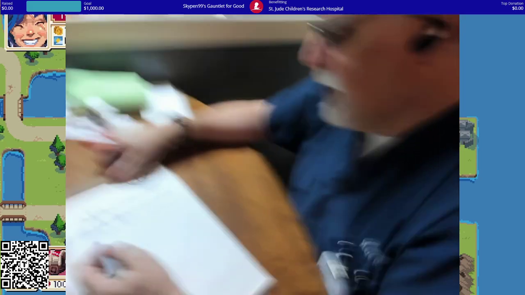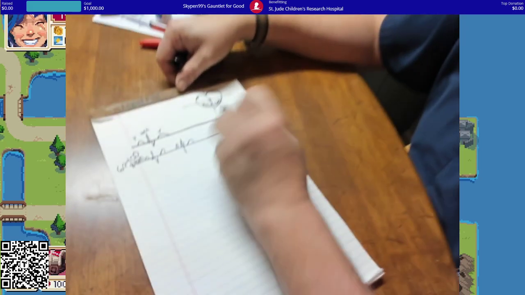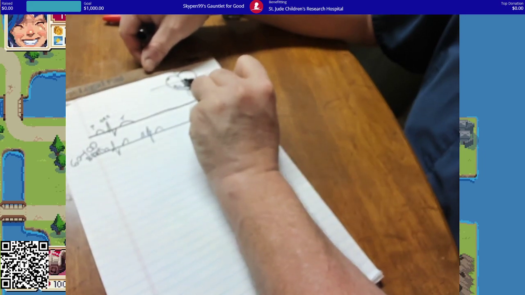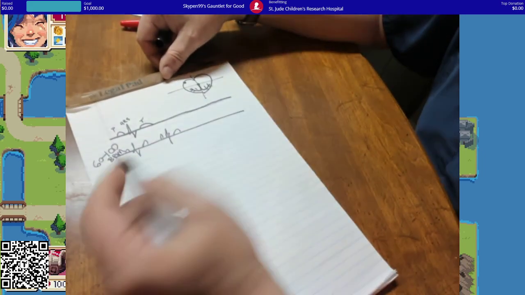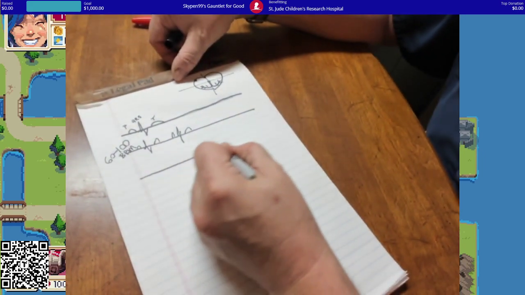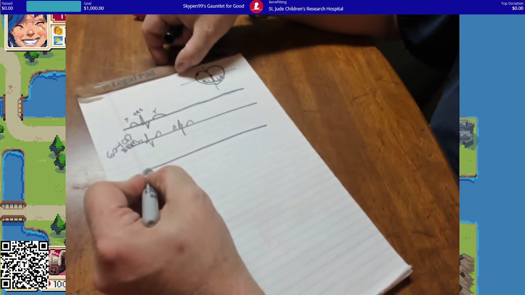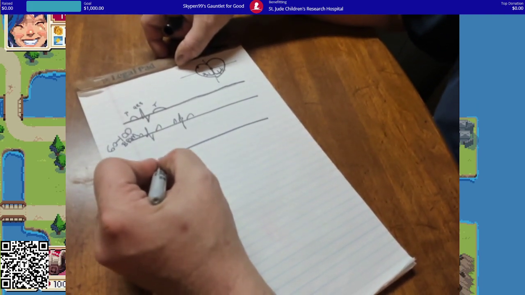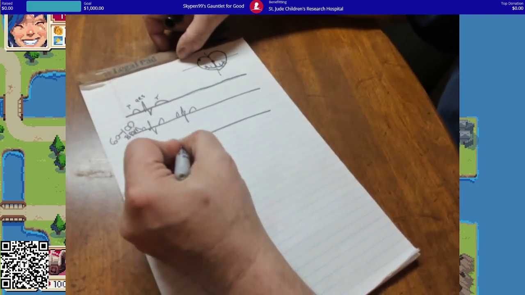Okay, so let's look at, if the beat starts here in the middle and you don't have your sinus beat, you're missing the P wave, and you go straight into the QRS complex.